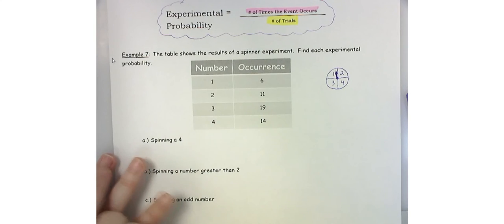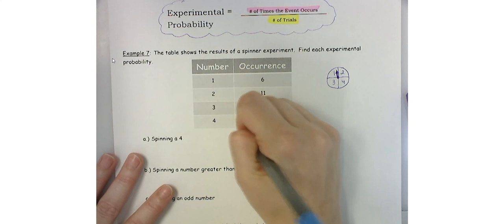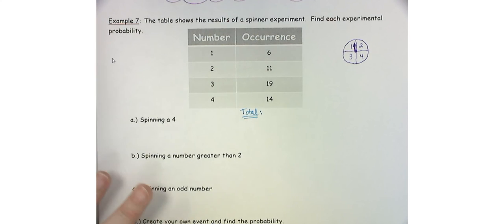All right, so we're going to do spinning a 4. Out of 50 trials, Kira, how many times was a 4 spun? 14. Yes, so 14 out of 50 would be your probability, and you're always reducing your fractions.